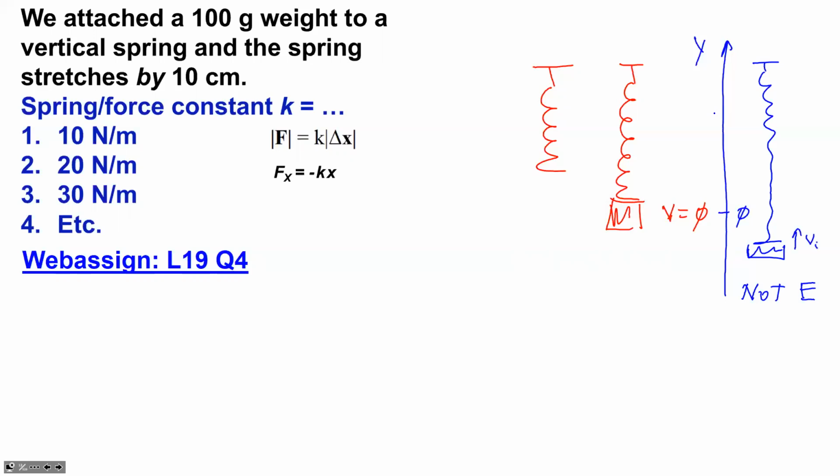Now the initial velocity would not be 0, but the object would travel through equilibrium, stop a little bit above it, then travel back, moving up and down, up and down, theoretically forever if we neglect friction. So that's for the future. For now, what we know is the spring was stretched by this amount. This is the elongation, the stretch, which is 10 centimeters, which is 0.1 of a meter.